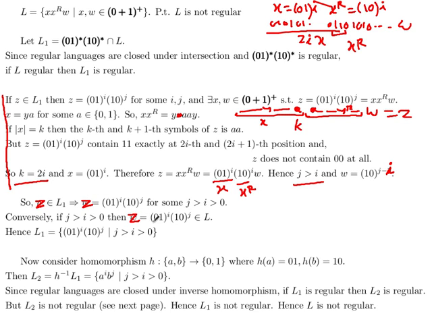Because this z we can again break up like this. This part we match with x from here, this part we match with x reverse, and this remaining part we match with w. So if it is in this form, then it is in L1. Okay, so this gives you an if and only if condition for a string to be in L1.